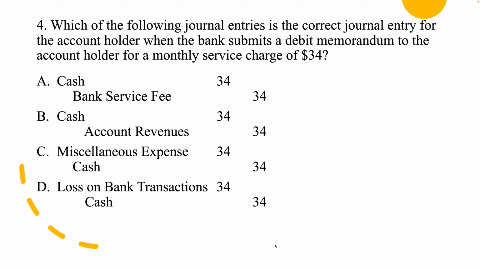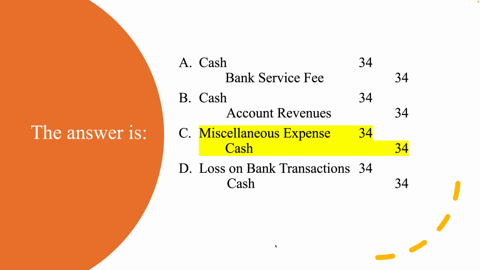So the correct answer is C. So we credit cash for $34 to decrease cash by the proper amount. And we debit miscellaneous expense for $34 to recognize the expense. So the answer is C.